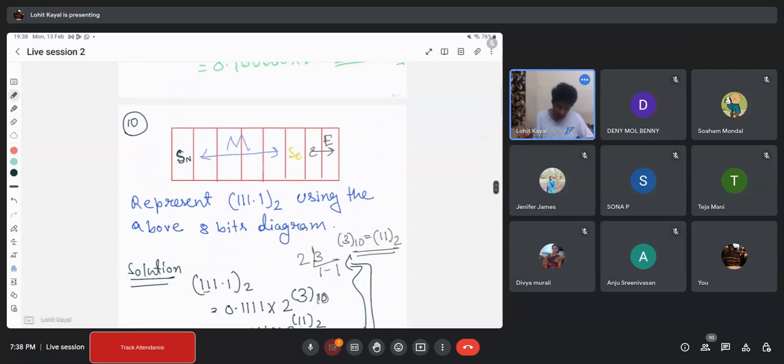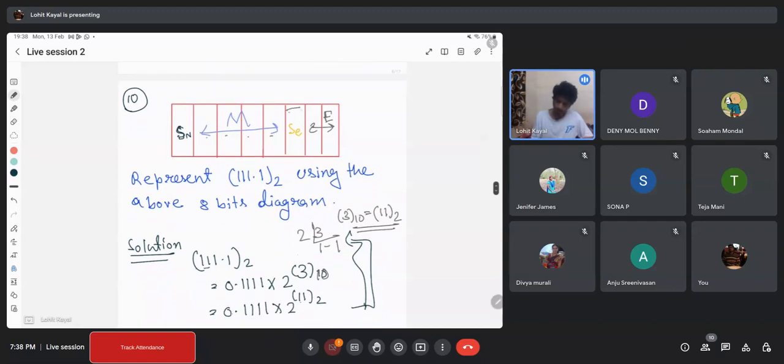Let me go through it once again. This is the diagram for an 8-bit number. We have to represent 111.2 using all these 8 boxes. Now the first box is reserved for the sign of the number. This value will be 0 if the sign is positive. Sorry, the value will be 1 if the sign is negative. Now these 4 boxes are reserved for the mantissa part. You can think of the mantissa like the main body of the number. This one box is reserved for the sign of the exponent, like 10 to the power 3.